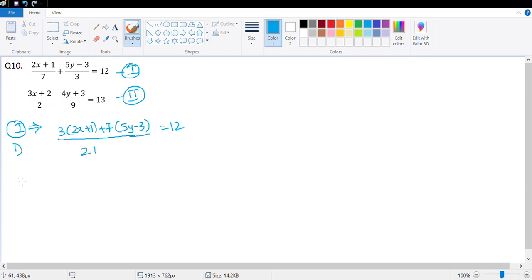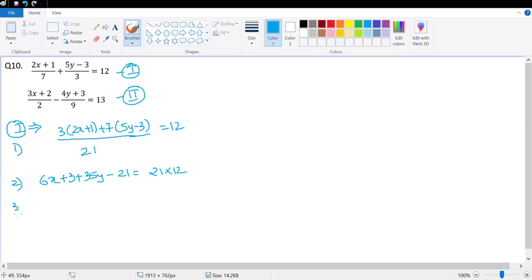That's step 1. Step 2, let's open the brackets. So that's 6x plus 3 plus 35y minus 21 is equal to 21 into 12. I have cross multiplied. Perfect.